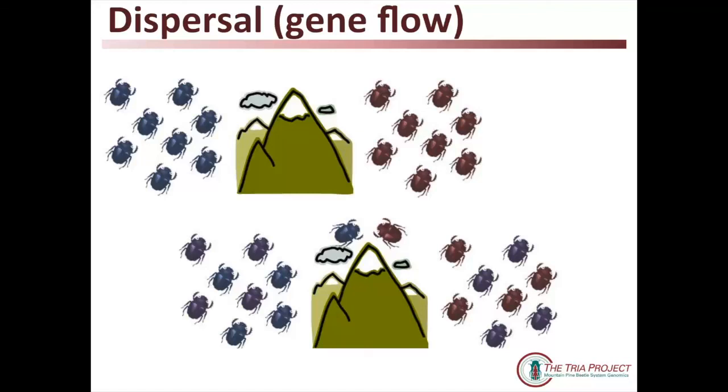But if they're mixing, if this realized dispersal gene flow is happening, then you can get some that are a little purpley here and in here, indicating some degree of mixing. So the genes are moving, and this is realized dispersal, not just the last generation, but the last decade or even the last century. It's hard to know exactly what the historical background is, but it's a different measure of dispersal.